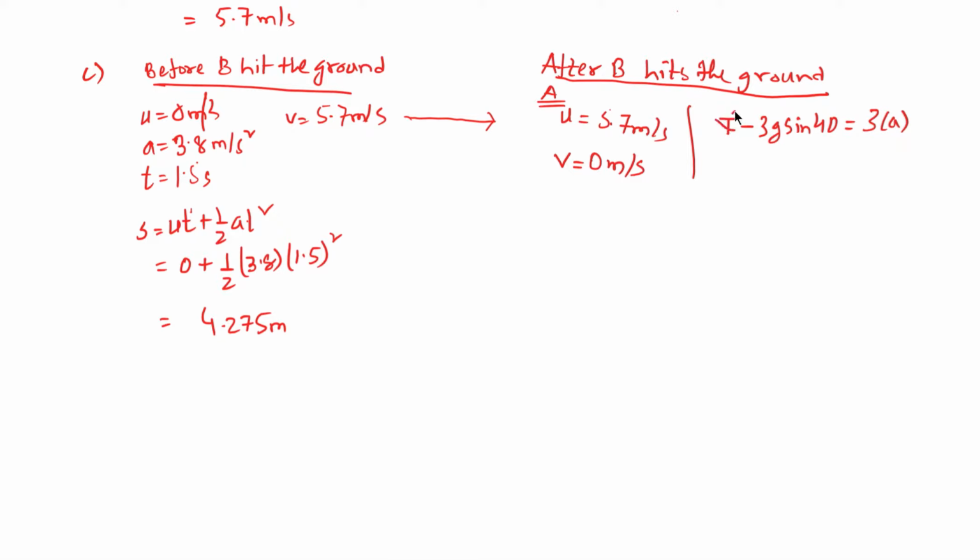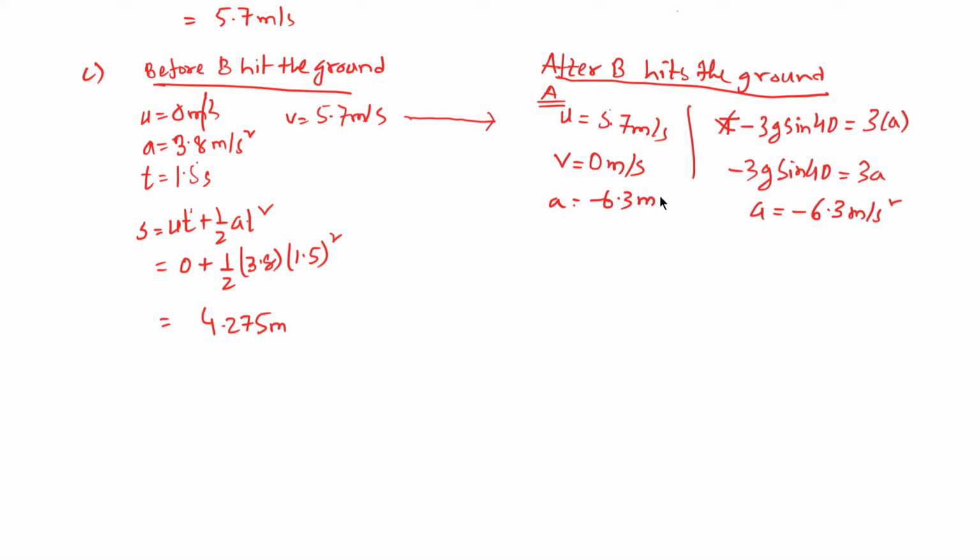Now this T will get cancelled, so it will be only minus 3g sin 40, which will be equal to 3a. So a will be equal to minus 9.8 into sin 40, which will be minus 6.3 meters per second squared. So we got our a.